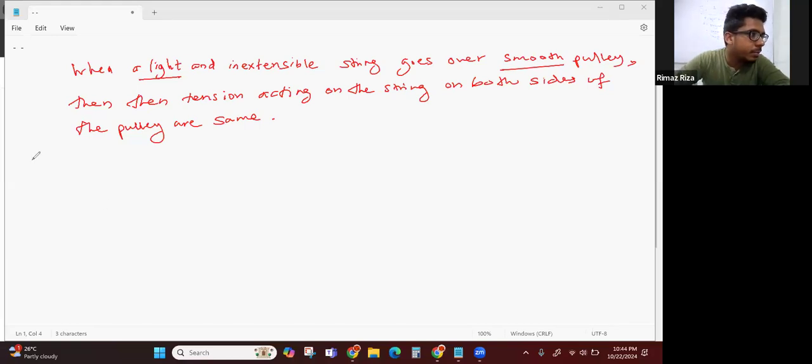So as an example, let's say there is a horizontal surface. Let's say we have a box, and then we have a pulley attached here. And then there is a string that goes over this pulley.